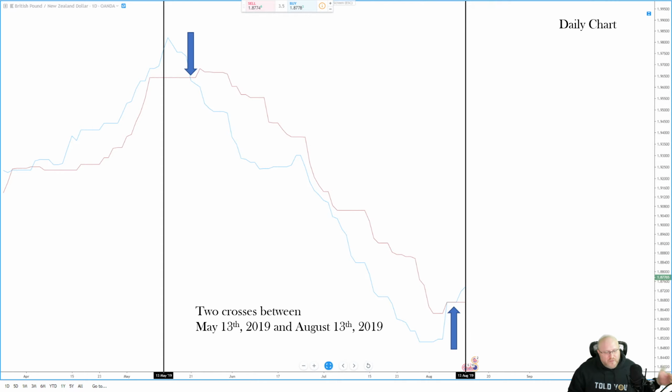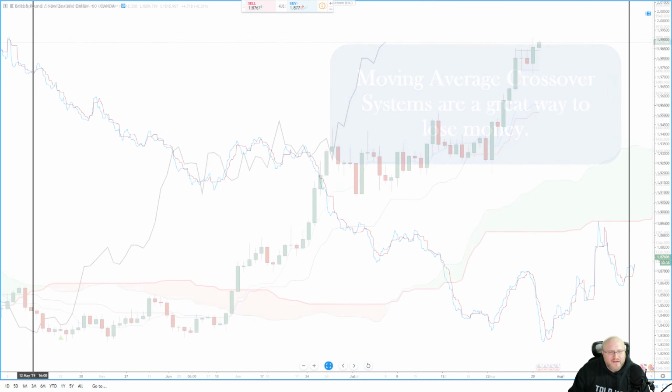If it's been 90 bars, 90 candlesticks, whether that's daily, weekly, monthly, or hourly, since the last cross of the Tenkan Sen over or under the Kijun Sen, that is an event to pay attention to, not to trade off of, but to go, hey, this is kind of a big deal. This could be setting up for something. So just keep that in the back of your mind.